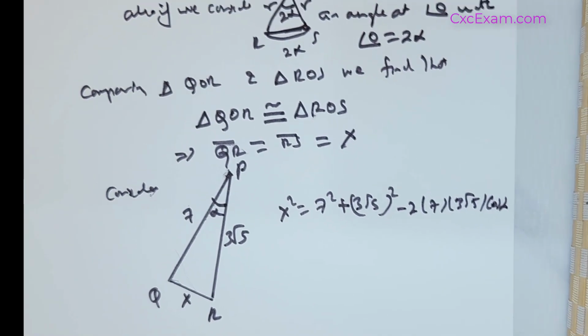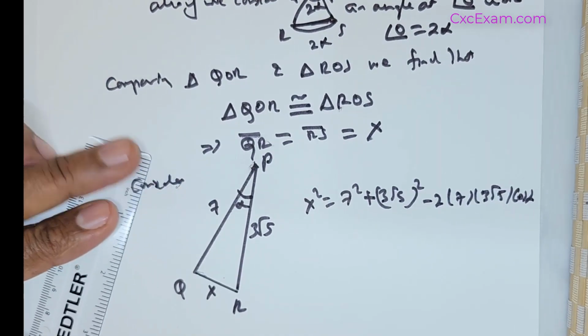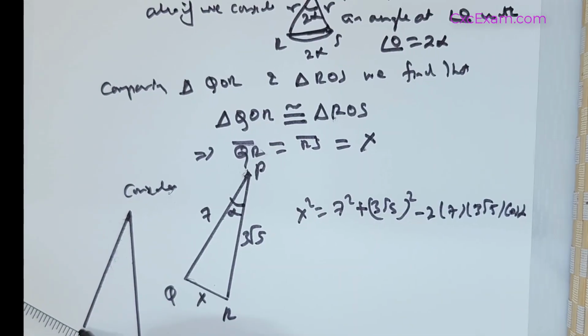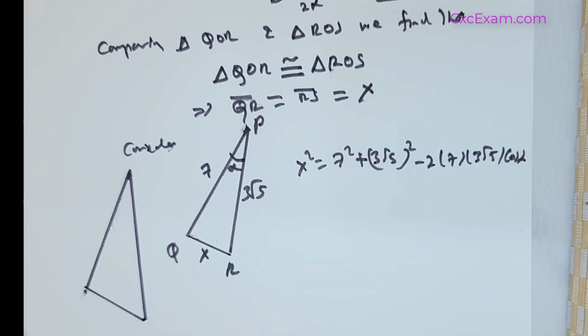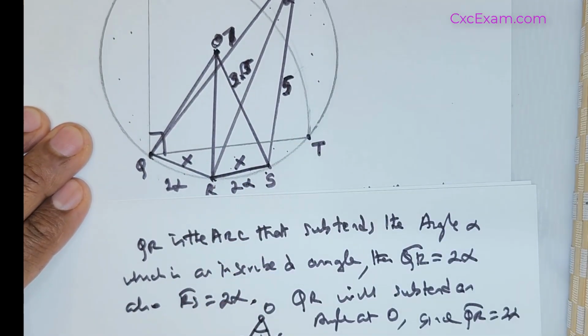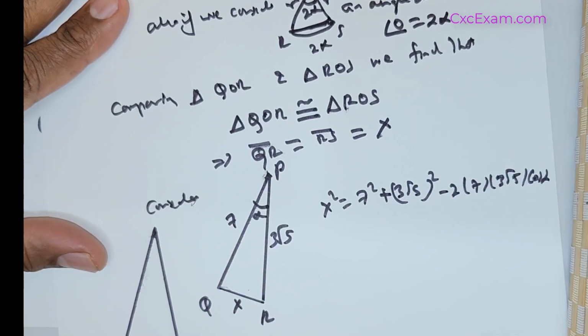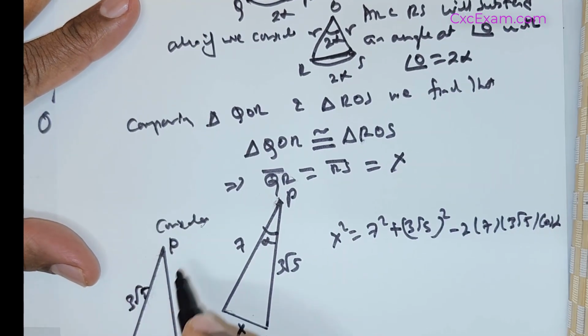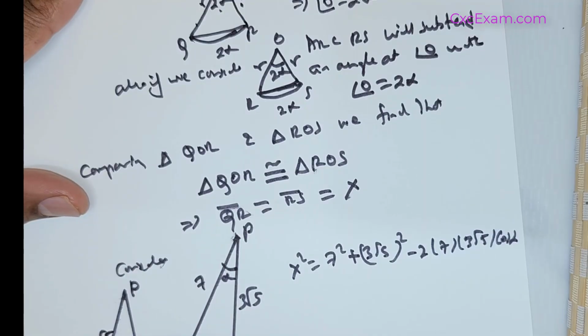Now we will consider the other triangle, which is going to be RPS. This is 3 root 5, and this distance is 5 units.